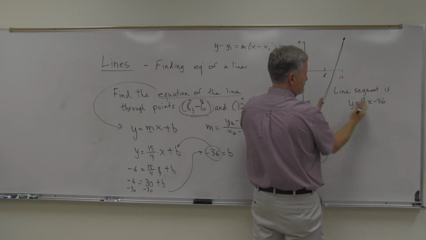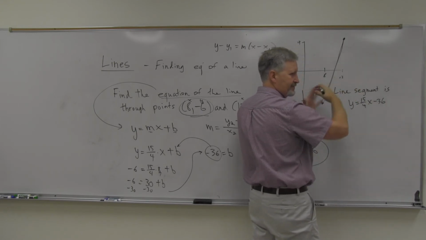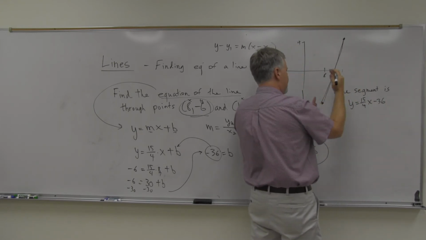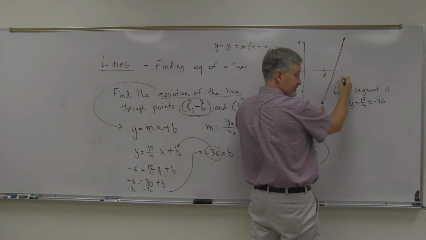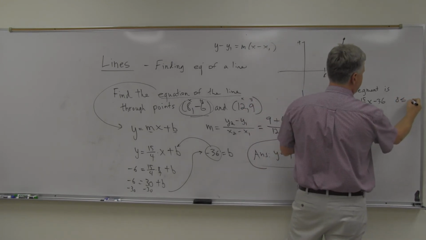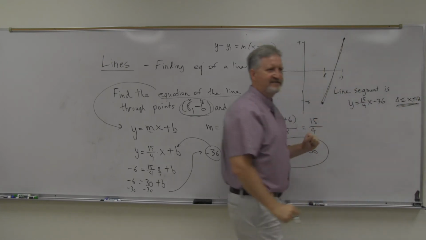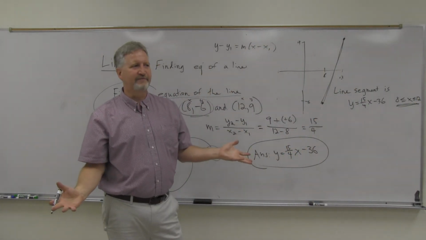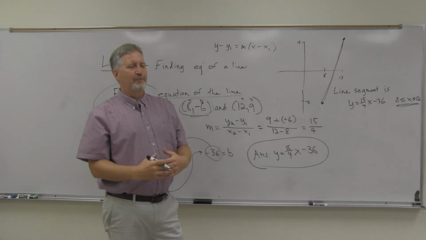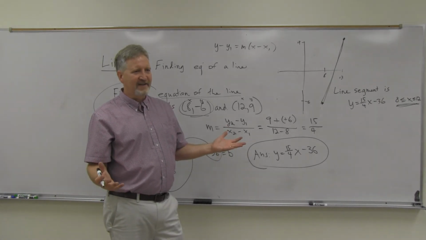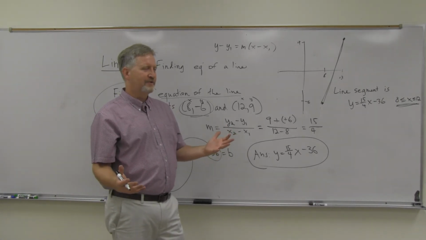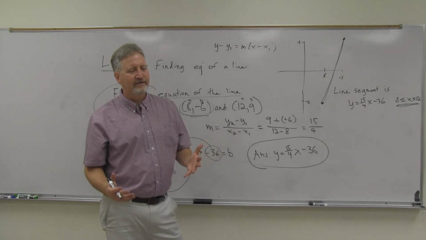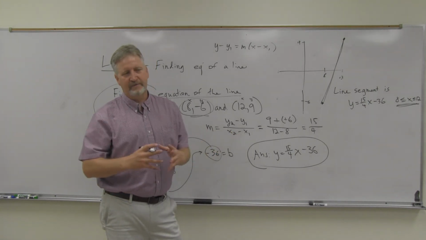And so it cuts off the domain. They're only wanting from x equals 8 to x equals 12, and so that's why you might see this little extra piece. It's just because of what they're asking. We won't ever want just the line segment between those two, so I don't know why they did that here. I guess maybe just to get us to think about it.